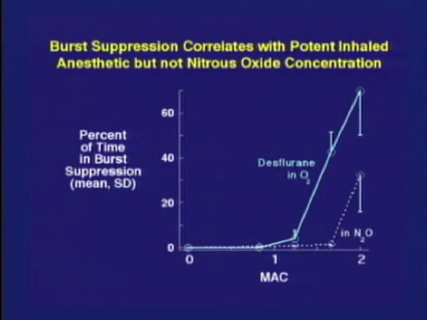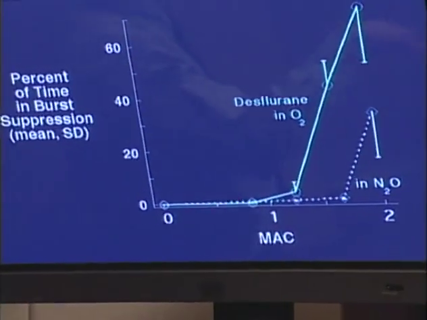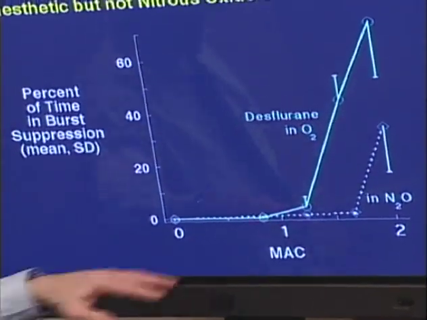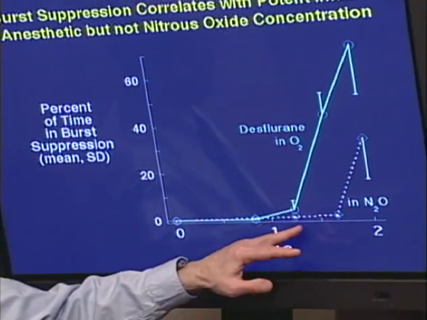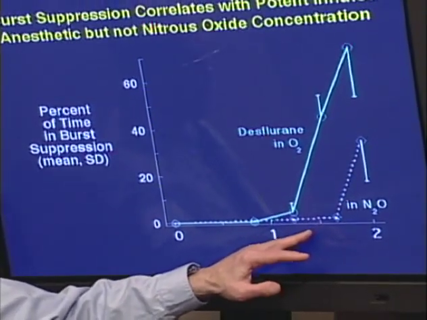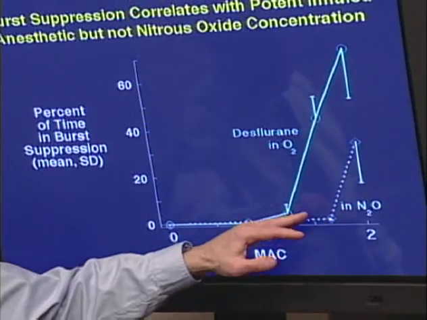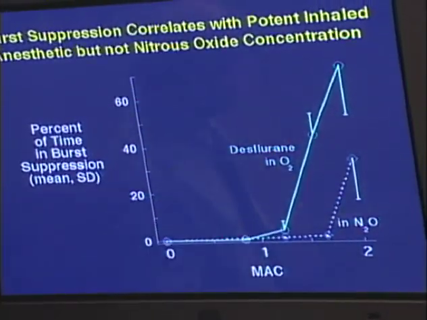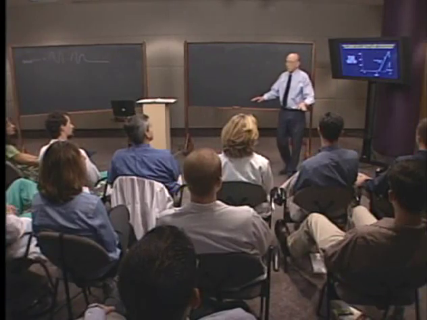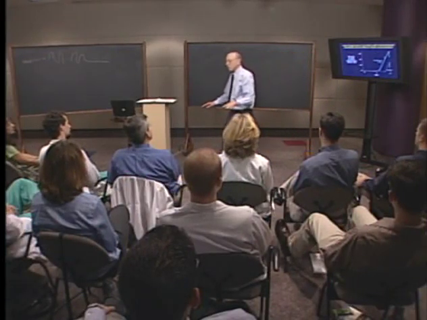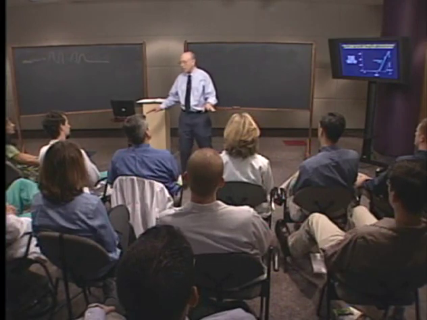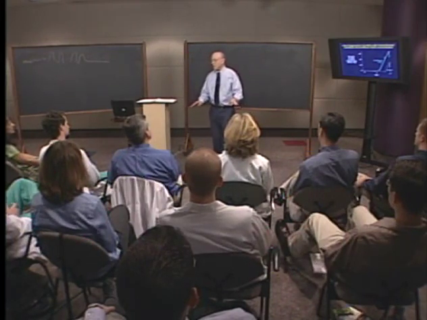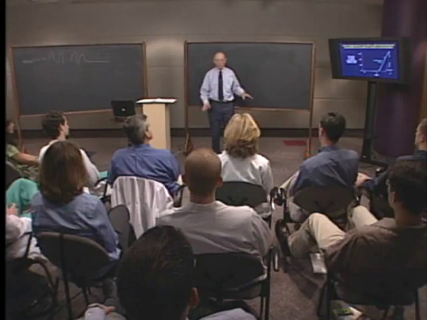As you increase the anesthetic concentration up to, say, 1¼ Mach of desflurane or sevoflurane or isoflurane, you get no burst suppression. And then at 1¼ Mach, you start to see burst suppression. And you get more and more of it as you go to deeper and deeper levels until you get nearly 100% of burst suppression. That is, you get a flat EEG. It makes our neurological colleagues very nervous because a flat EEG means the patient's dead. Fortunately, that isn't true as far as anesthesia is concerned.